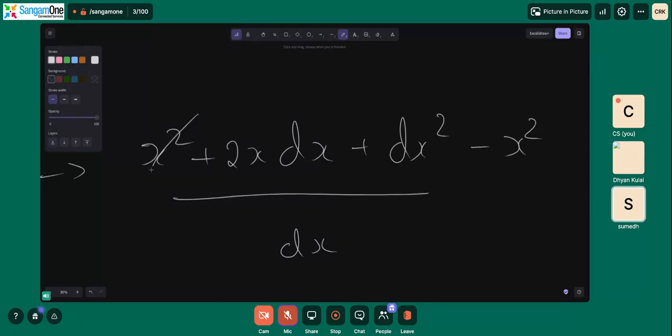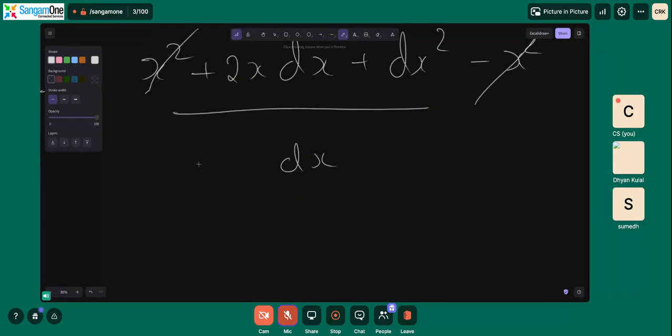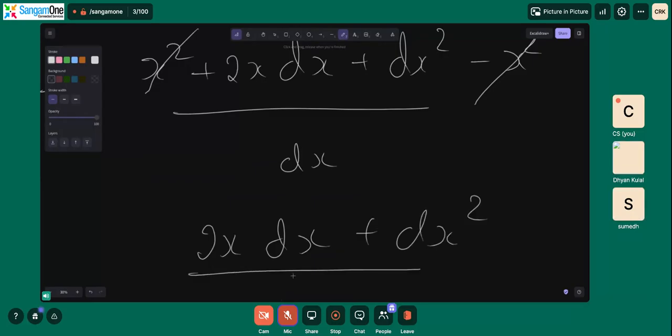Now something unique happens. x square cancels, x square cancels. We are left with 2x dx plus dx square, by dx.